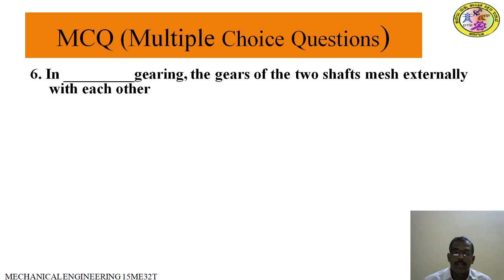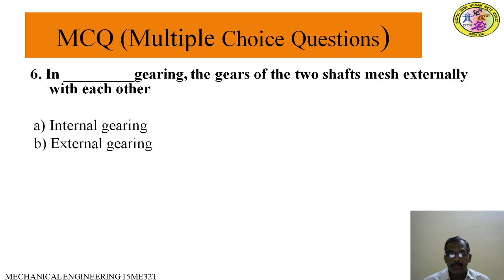Now the sixth question: in dash gearing, the gears of the two shafts mesh externally with each other. Option A, internal gearing; B, external gearing; C, rack and pinion; D, helical gears.